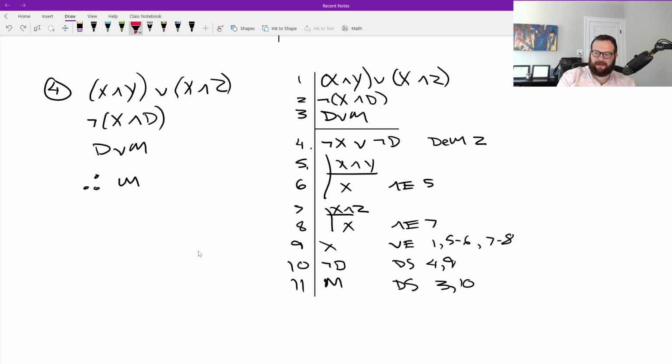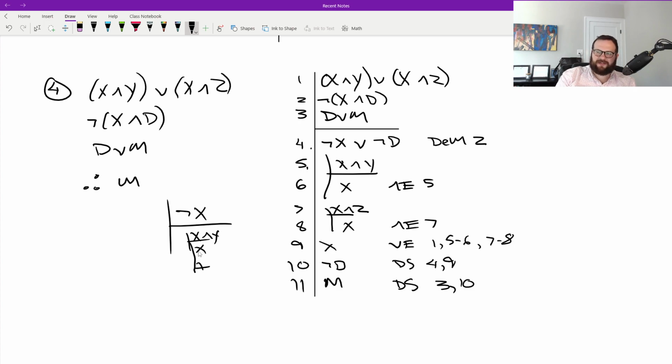Without this De Morgan's, we're looking at many more assumptions than the ones we made here. You would have to assume not X in order to show that that leads to a contradiction, right? If you had begun instead of that De Morgan's by assuming not X, then you could do your disjunction elimination where you assumed X and Y. You got X, oh, that's a contradiction.